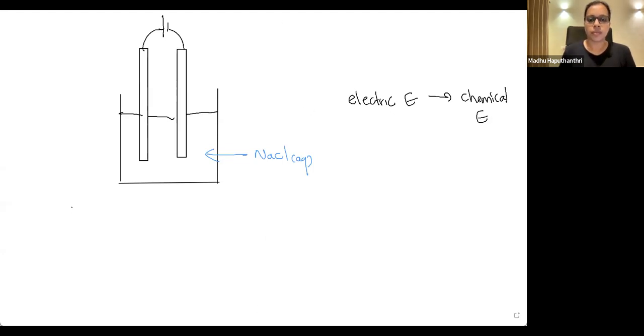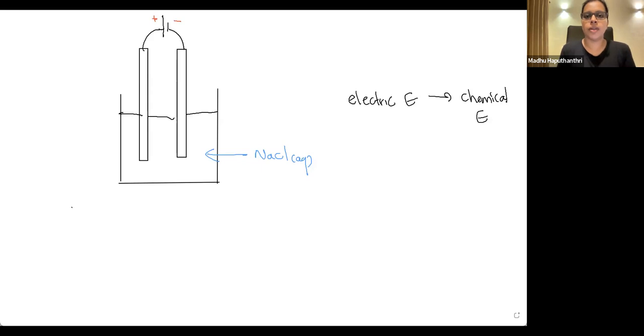Then I will explain the entire electrolysis concept through this example. Listen to me very carefully. Now, when you take the battery, we all know the long side is positive, the short side is negative. You know that in physics also.